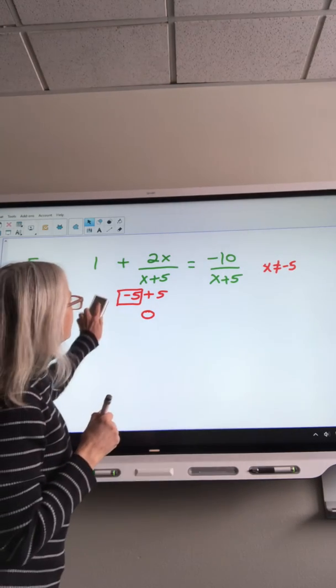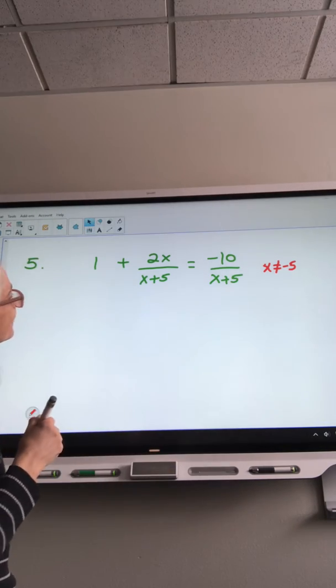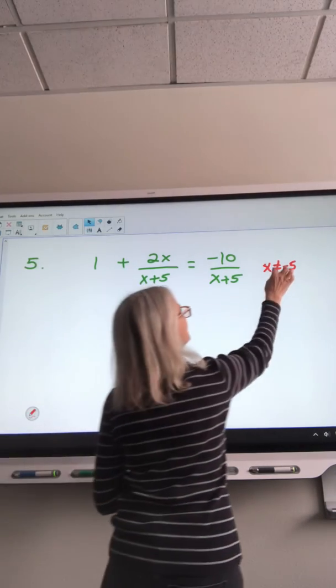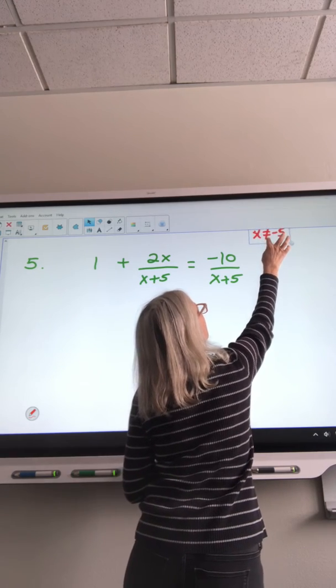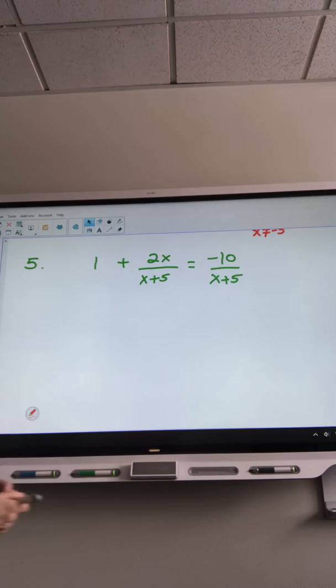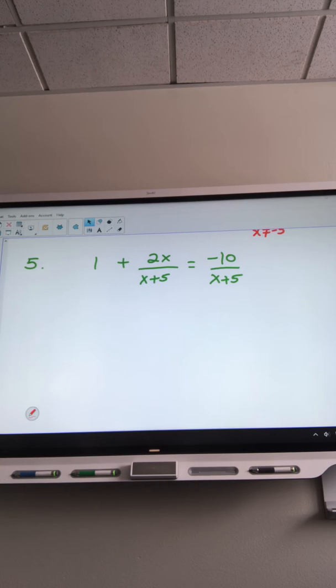Okay, I'm going to erase that because it's kind of in the way of solving the equation. And I think I'll move this up. There we go. Going up a little more. Okay, so our common denominator, since both the denominators are x plus 5, that's going to be the common denominator.